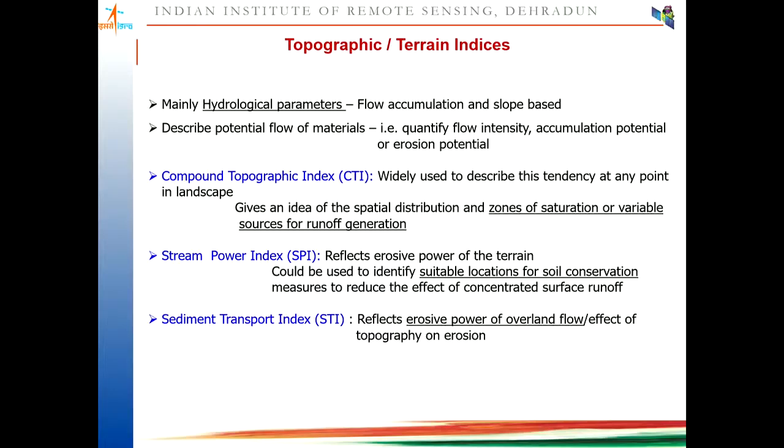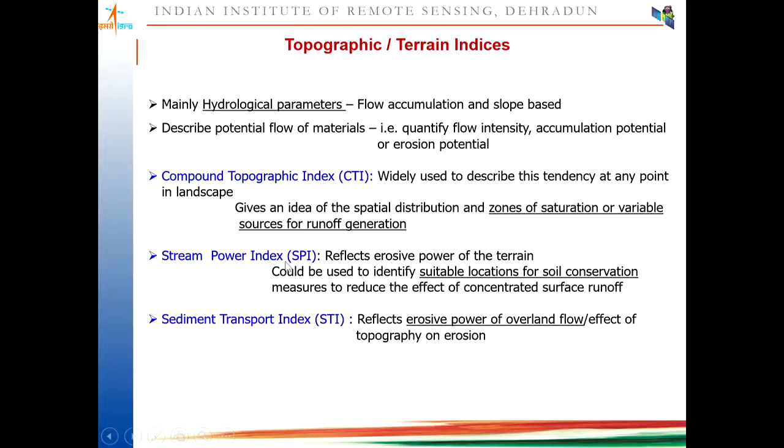That will be the wet area, and you can use it to identify where a water harvesting site can be generated. So the topographic index gives you a very good idea about rainwater harvesting sites, as well as the area which is receiving more water. Because of that, vegetation planning or land use planning can be done.